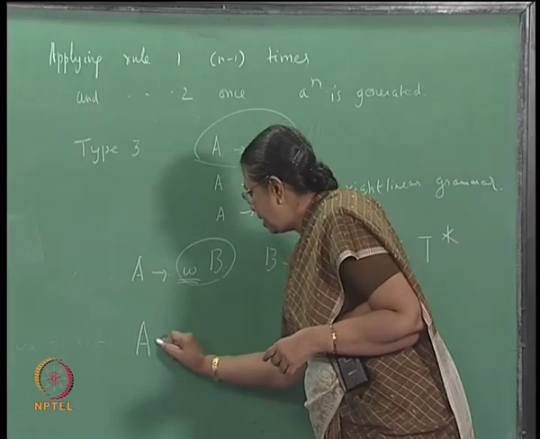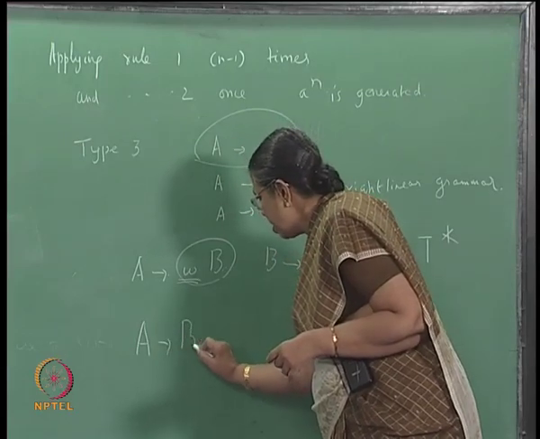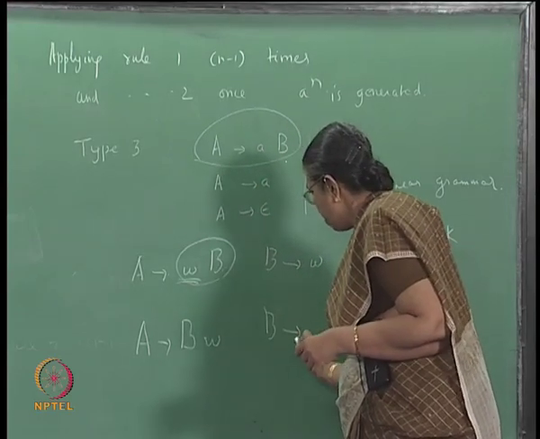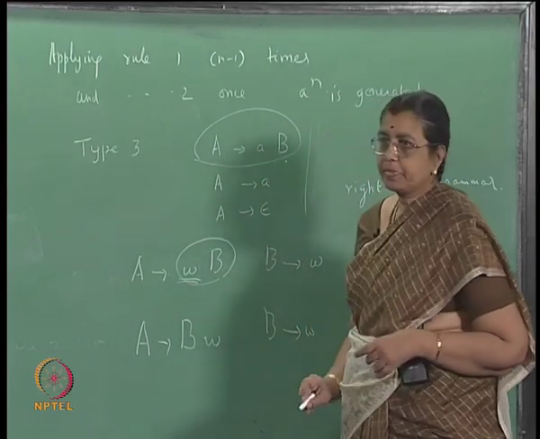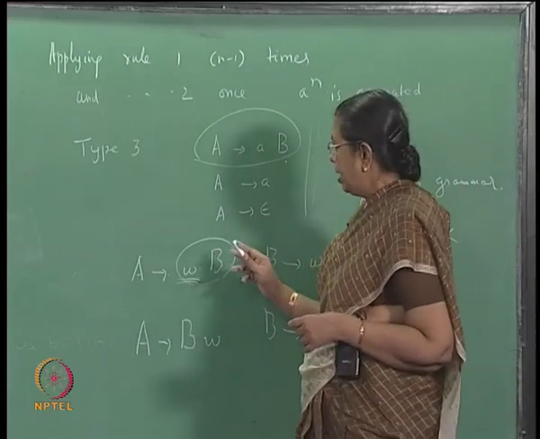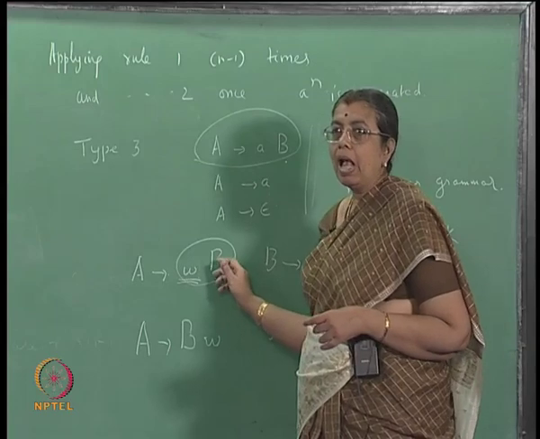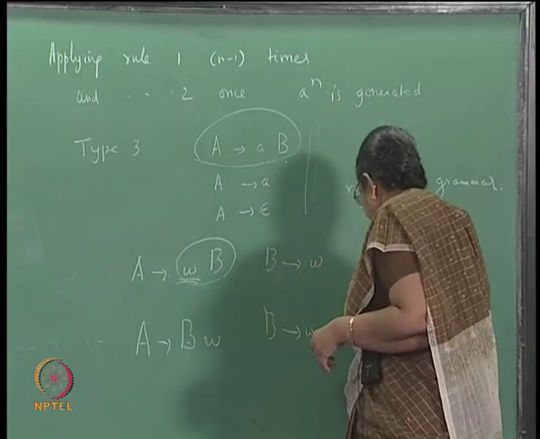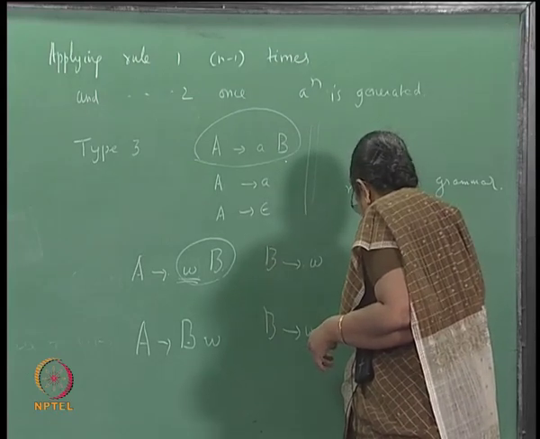Or equivalently you can also have it in this form: B goes to Bw, B goes to w. This will also generate the same type of language. The only non-terminal on the right hand side can occur as the last symbol or it can occur as the first symbol. Such a grammar is known as a left linear grammar.